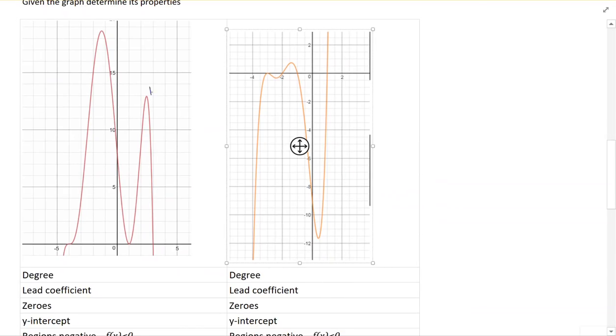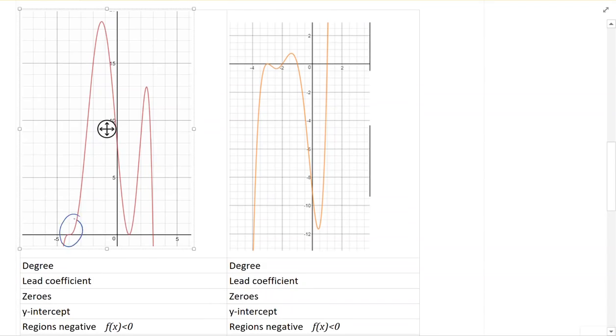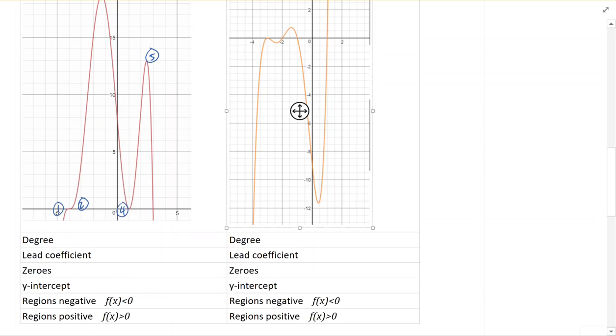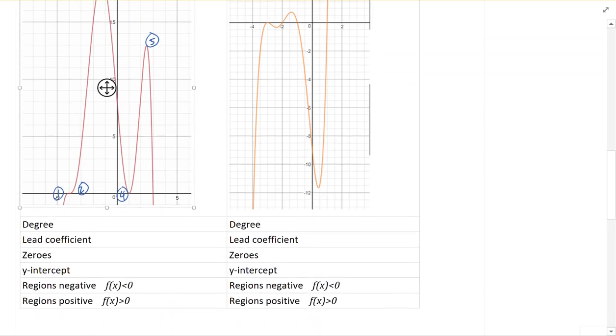Probably we should start from the left side since we're used to that. Looking at this S shape here, it's actually equivalent to 2 bumps, okay? So here's bump 1 and here's bump 2, 3, 4, 5 bumps. Remember, degree is bumps plus 1, so it's a degree 6.